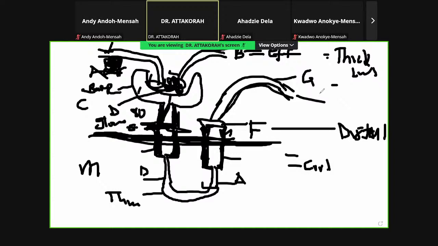Exchange occurs at the thick loop. And at the thin loop, there's exchange of what? Water. So exchange of electrolyte, glucose and urea occurs at the thick loop, and an exchange of water occurs at the thin loop.